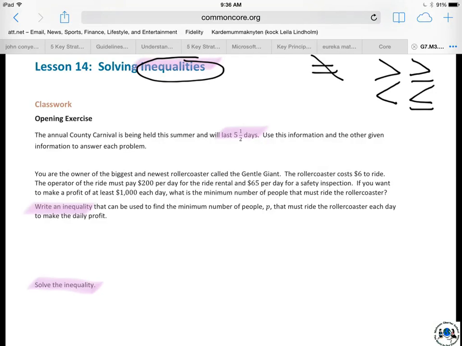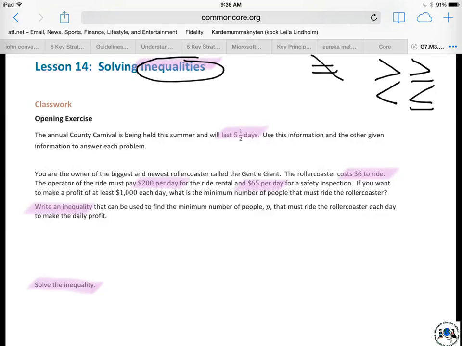You are the owner of the biggest and newest roller coaster, called the Gentle Giant. The roller coaster costs $6 to ride. The operator of the ride must pay $200 per day for the ride rental and $65 per day for a safety inspection.